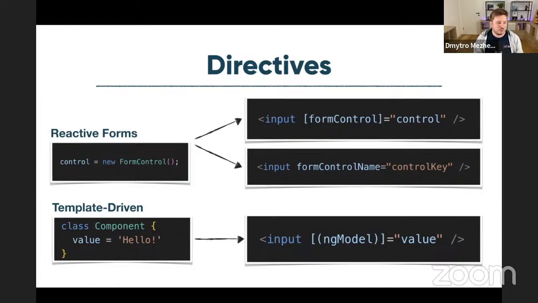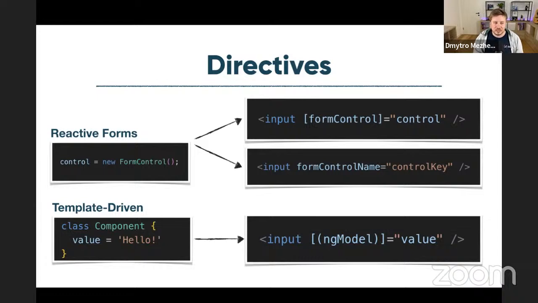A good example would be a global search in your web application that you usually have somewhere in the header of your app. So this is a standalone form control, and the formControl directive allows you to bind a model instance with such a standalone input. And the formControlName directive is also a reactive forms directive that allows you to bind the model with a control that belongs to some certain form.